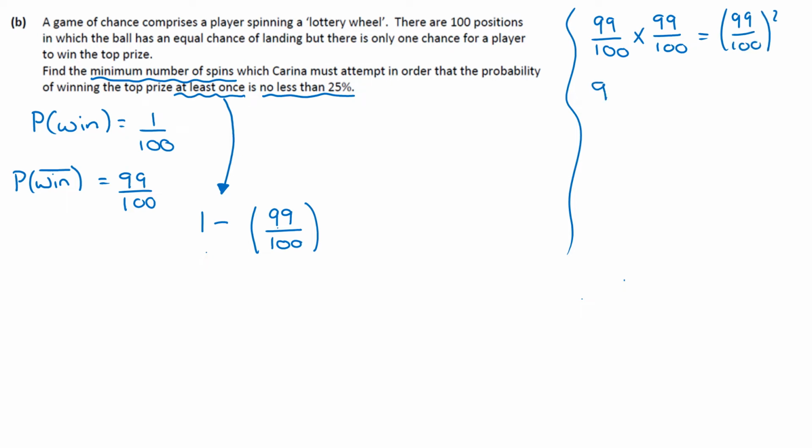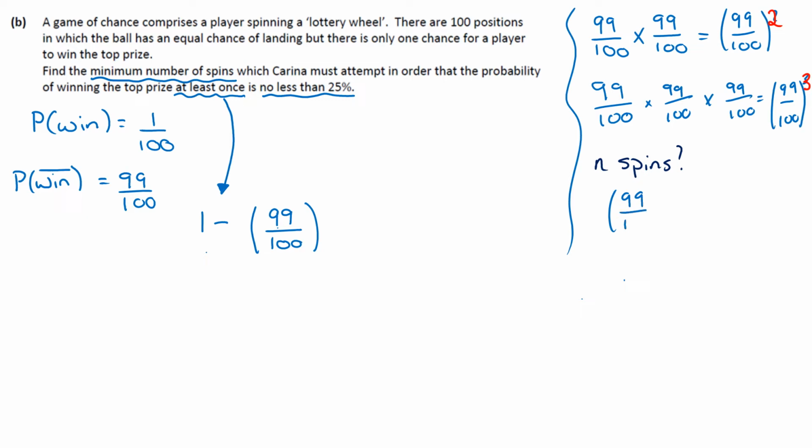If we then go for a third spin, 99 over 100 by 99 over 100 by 99 over 100, we end up with 99 over 100 to the power of 3. So when there are 2 spins, it's power 2. When it's 3 spins, it's power 3. So when we say n spins, some number we don't know, we can still use the same logic: it's going to be 99 over 100 to the power of n.